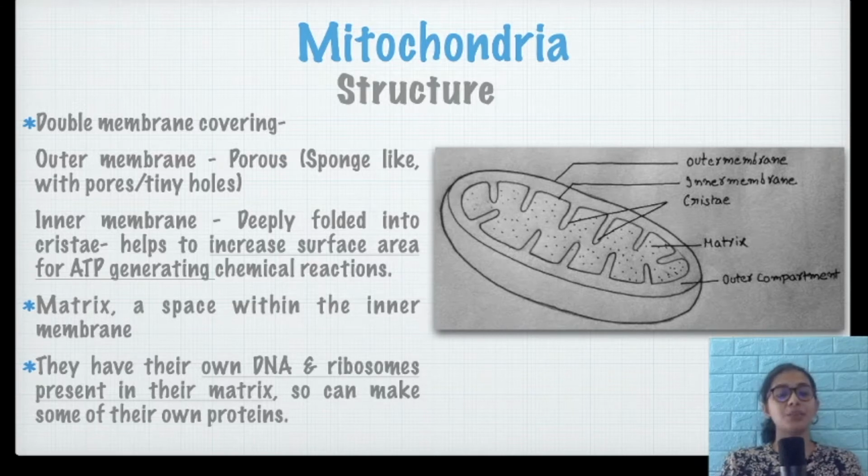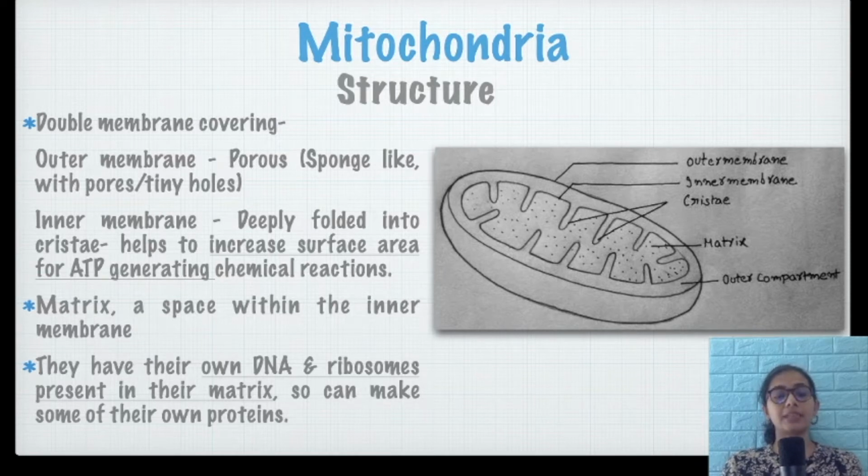Think about it, alright? Before that, let's look at the outer membrane. How is it? It is porous. Porous as in it contains a lot of little pores, like that of a sponge, right? It is a porous outer membrane, and the inner membrane is folded into cristae. Now, in mitochondria, the most vital function that happens is that a chemical compound called ATP is generated through various chemical reactions.